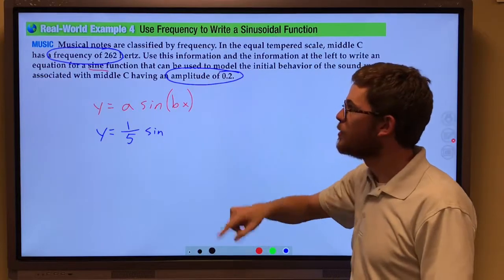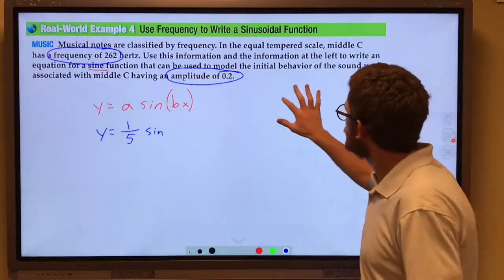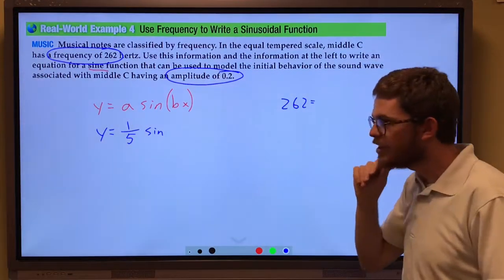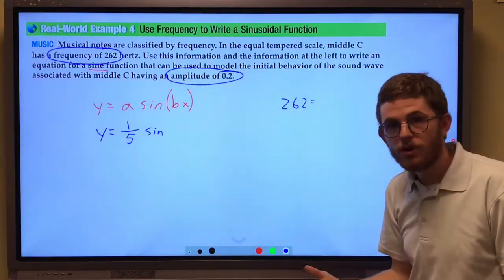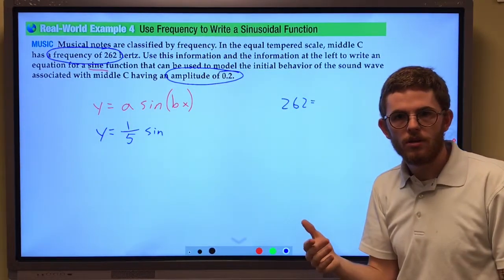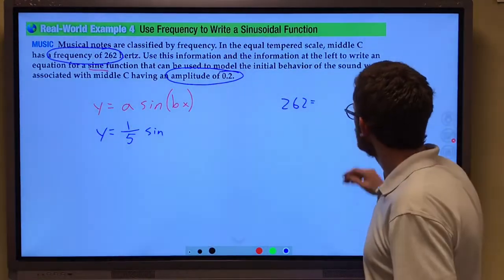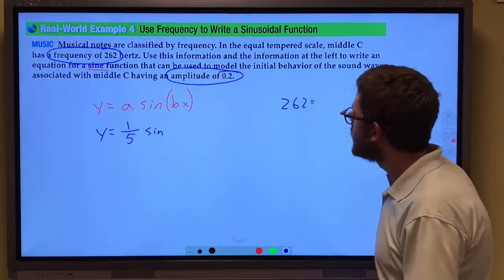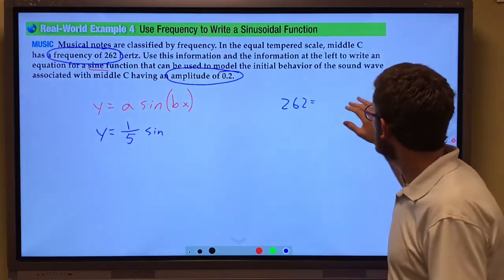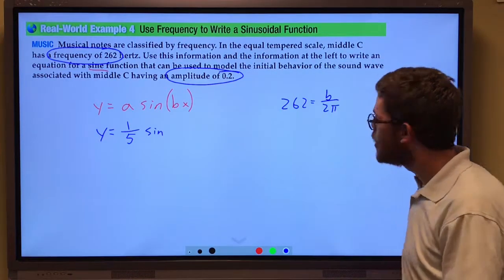But my b value, I can get that from my frequency. Remember, the frequency, 262, is equal to the reciprocal of my period, right? And since our period is calculated by 2 pi over b, the reciprocal of that would be b over 2 pi.